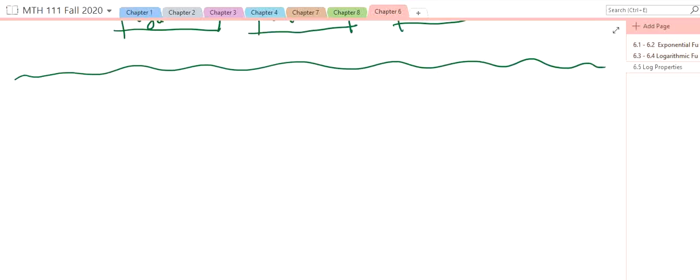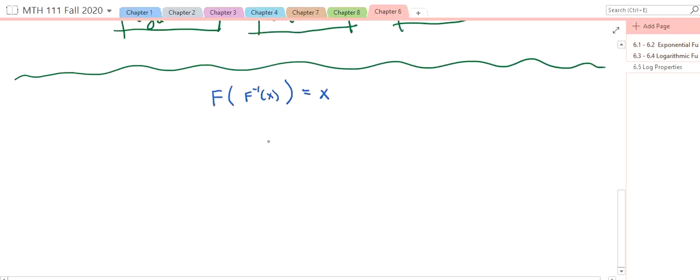Let's think about this now. There's a property of inverses that states that a function whose argument is the inverse of that function, the answer to that is just the argument of the inverse function.